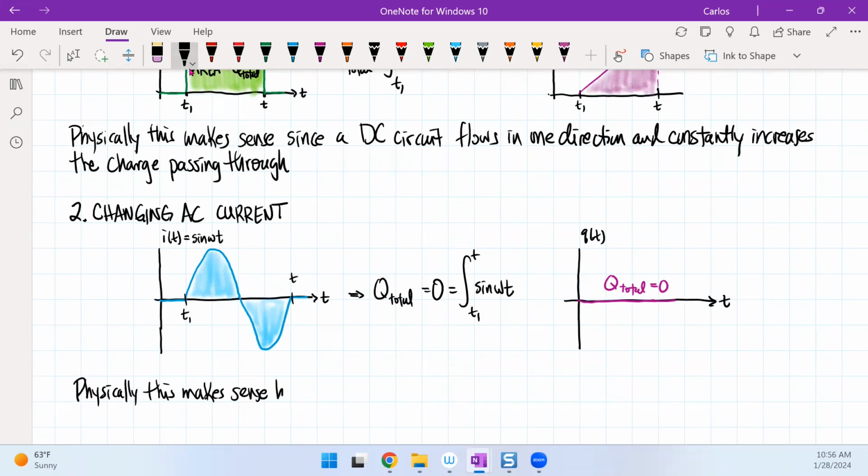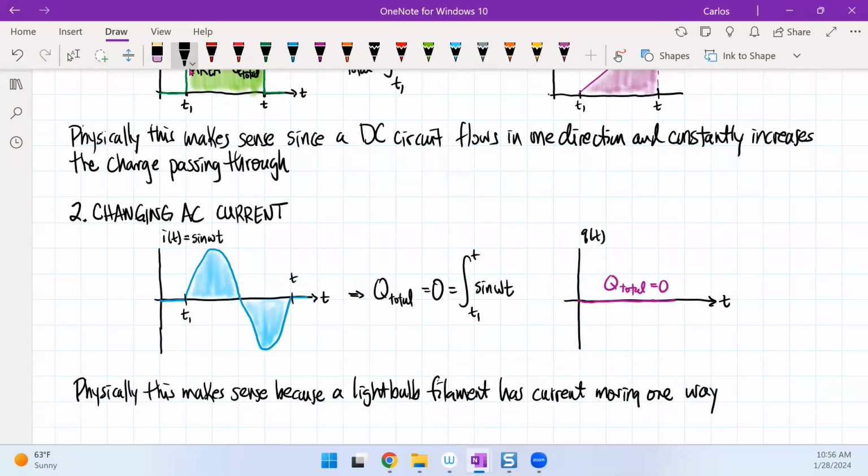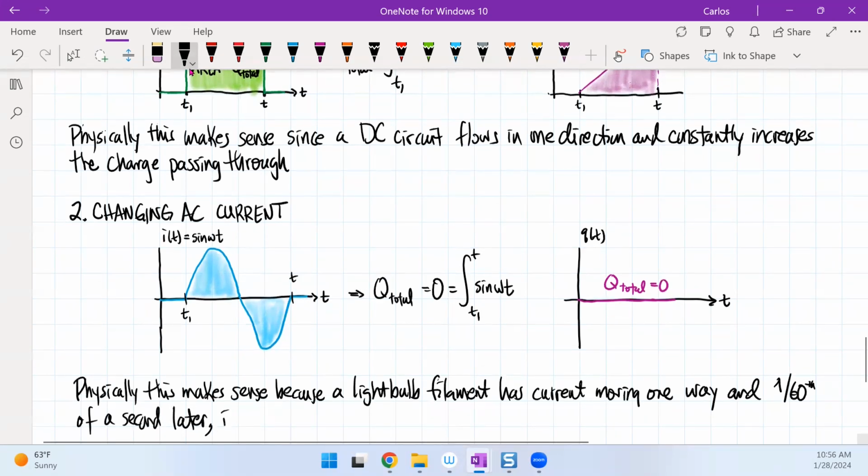Since a light bulb filament has current moving one way and 1/60th of a second later, it moves the reverse direction.